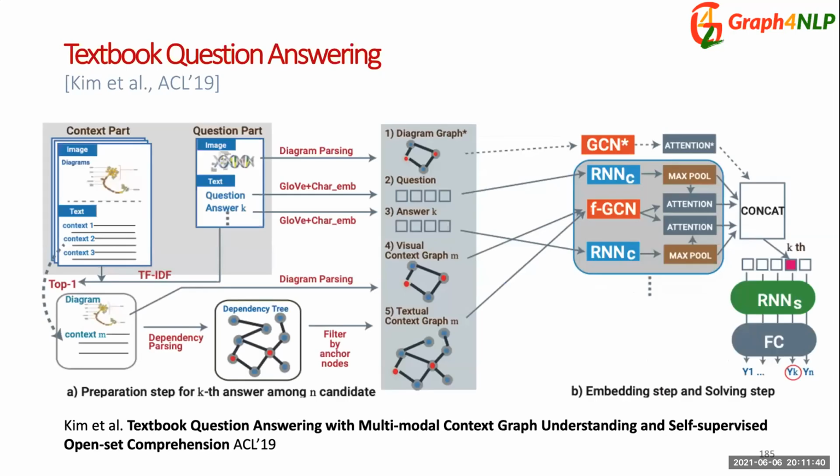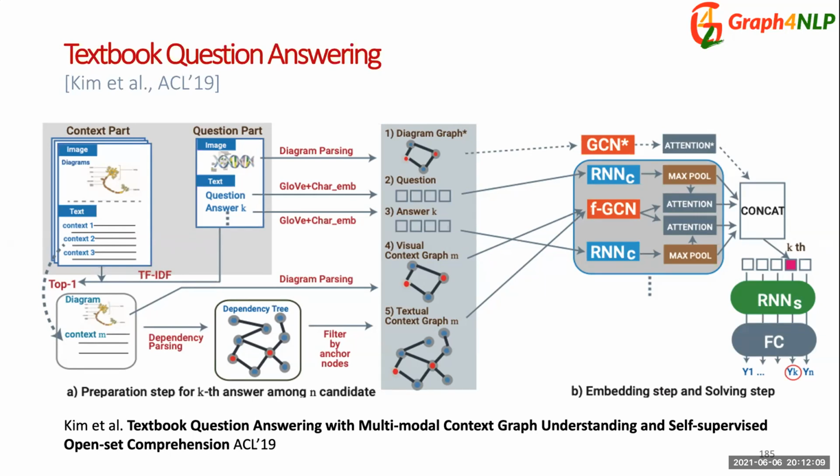This is the overall architecture, which is basically similar to what we talked about with the multimodal setting. The graphs are built based on different kinds of input, like diagram parsing, and from the text using dependency parsing, building a textual context graph as well as a visual context graph, a diagram graph, and so on.